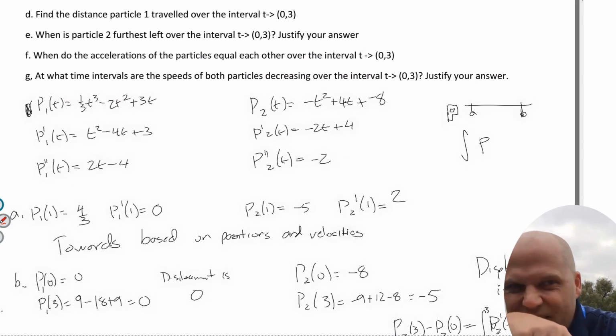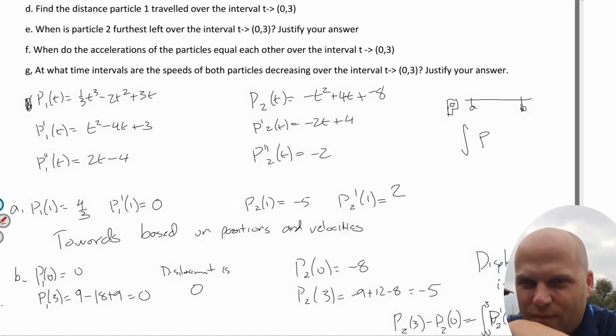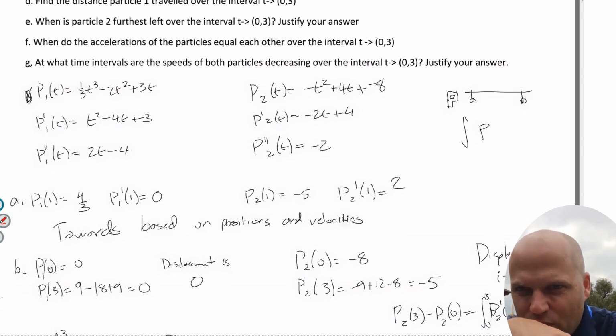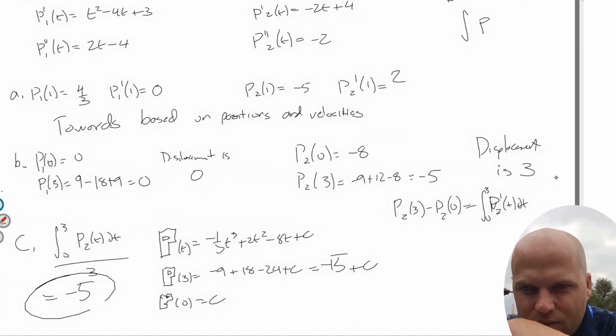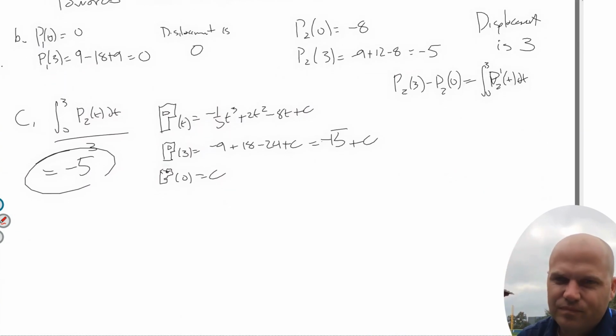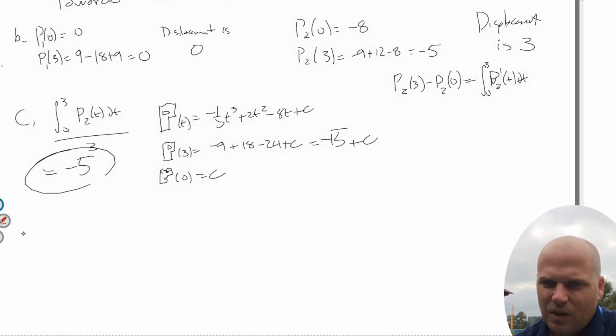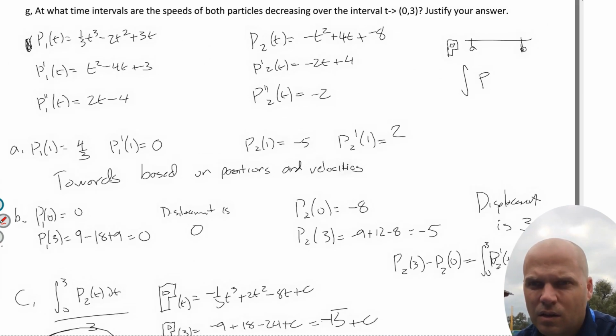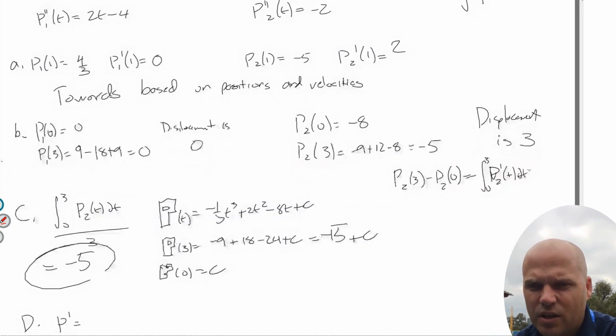Oh, D. Find the distance particle 1 traveled from 0 to 3. Oh, jeez. To do a full sign analysis of particle 1's velocity. t squared minus 4t plus 3.